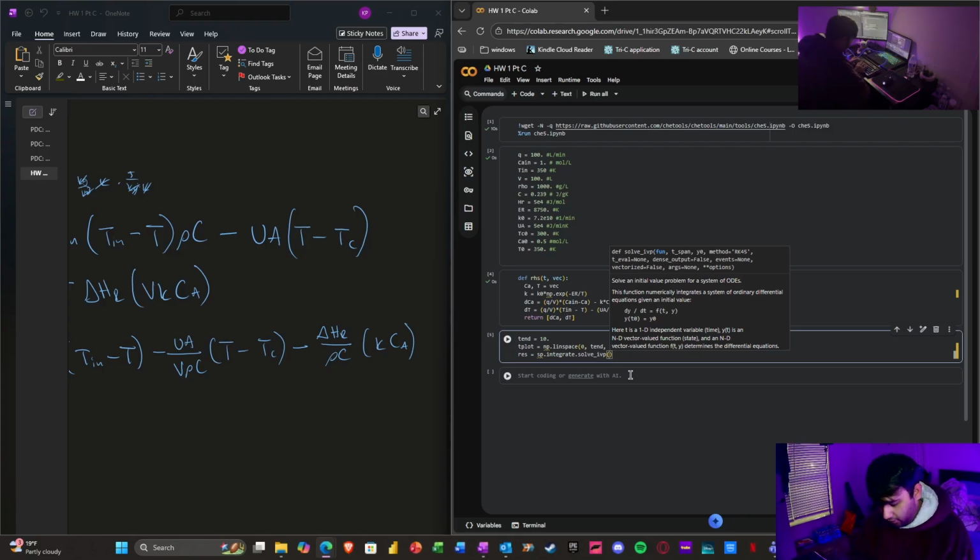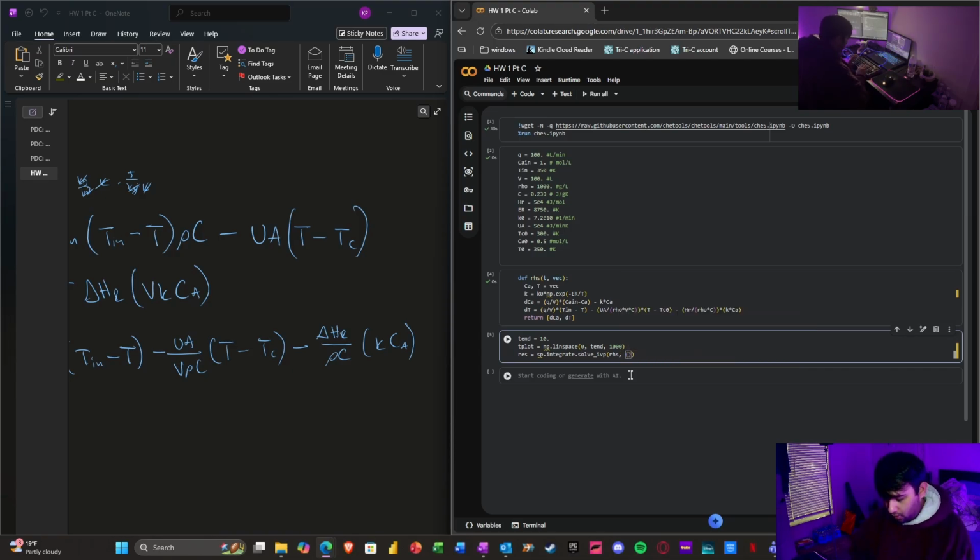So it's okay. Just we're going to set our parameters: 0 to 10, and then we're going to put in our initial parameters, I want to say, which is CA naught and T naught.